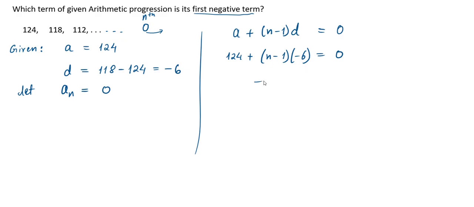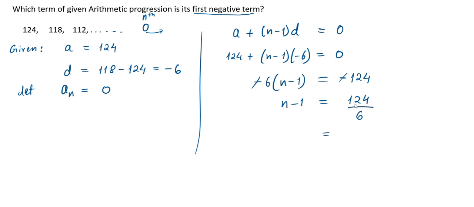We can write it as -6(n minus 1) equals -124. We can cancel the negatives, since both sides are negative. So what we have now is n minus 1 equals 124 divided by 6. You could open the bracket, it will just take a little longer, so I prefer doing it this way.